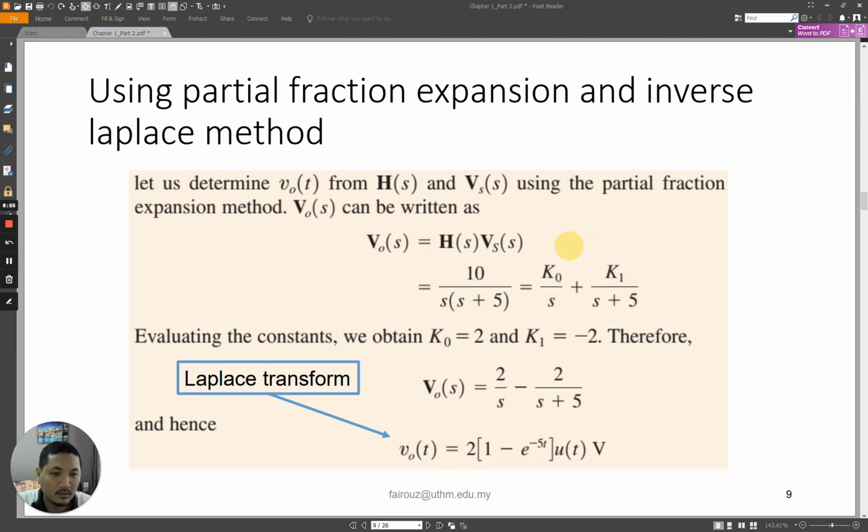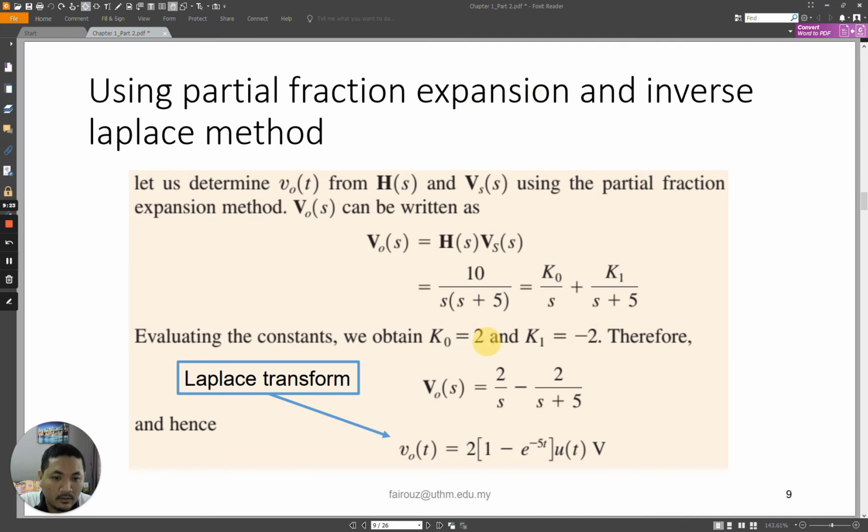Now this method, partial fraction expansion, you have studied before, but I will provide you with a video later on how to perform partial fraction expansion. Never mind, let's just say that we have performed the partial fraction expansion, and this is the result.